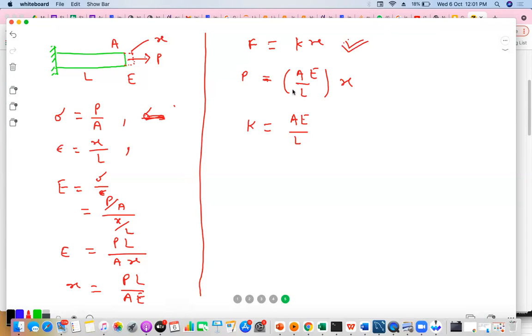So for this simple bar element, which is axially loaded, I can say that the stiffness is AE upon L.